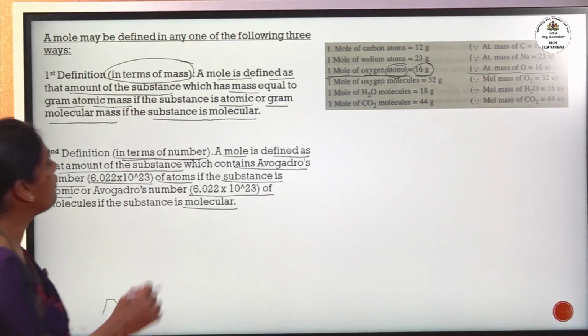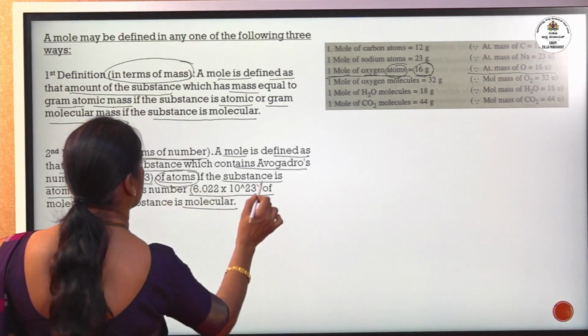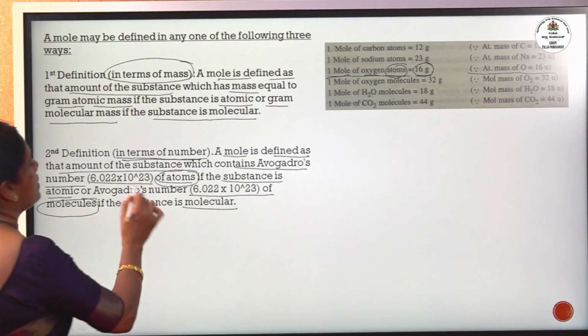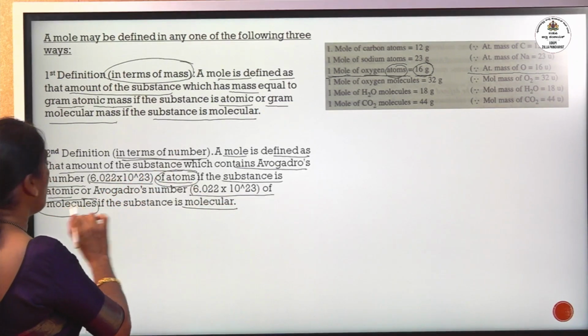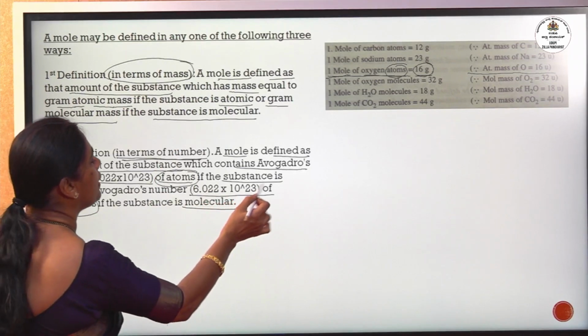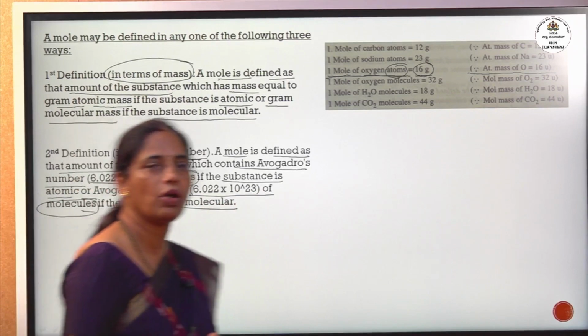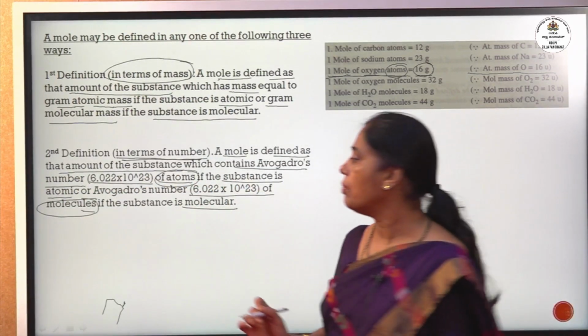Now, specifying the particle is very important: 6.022 into 10 to the power 23 atoms or molecules, depending on whether the substance is atomic or molecular.